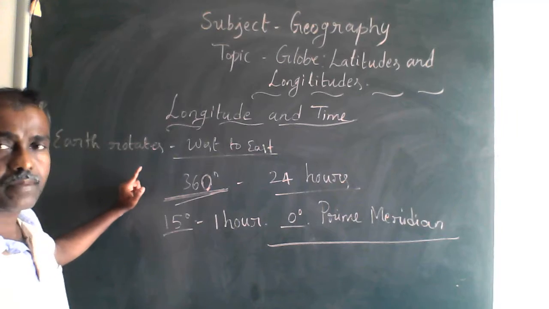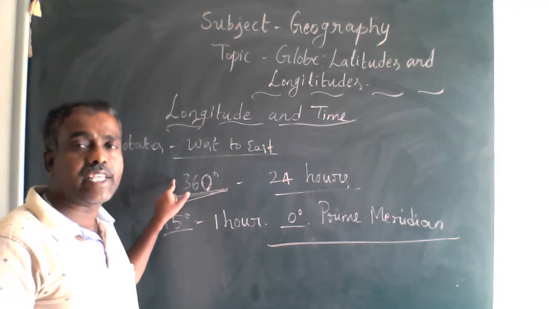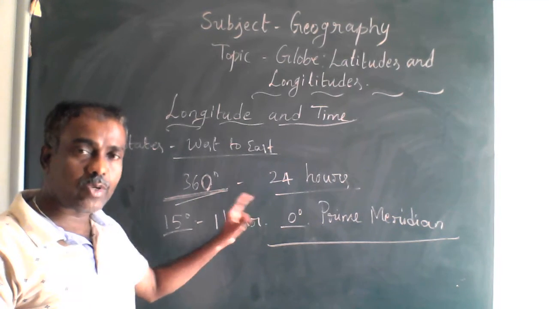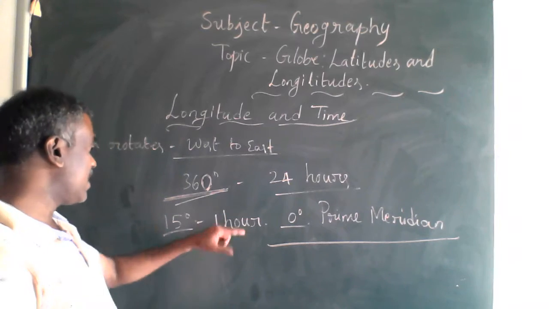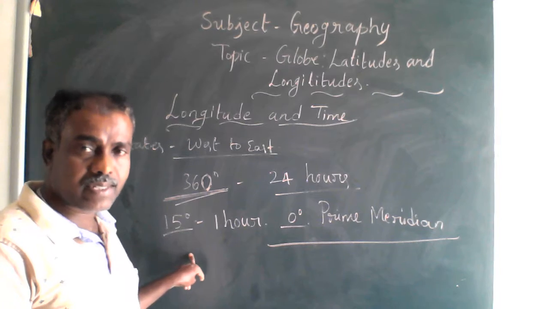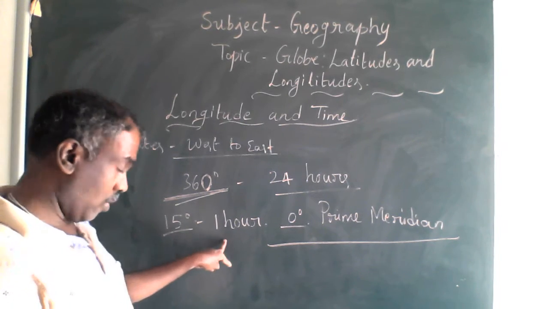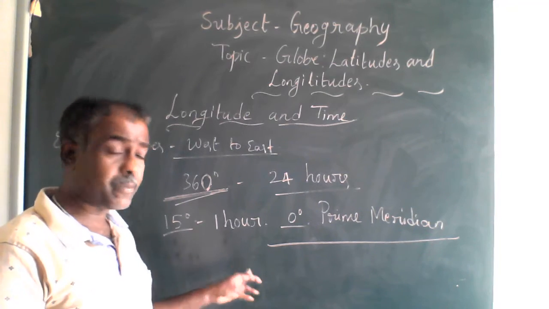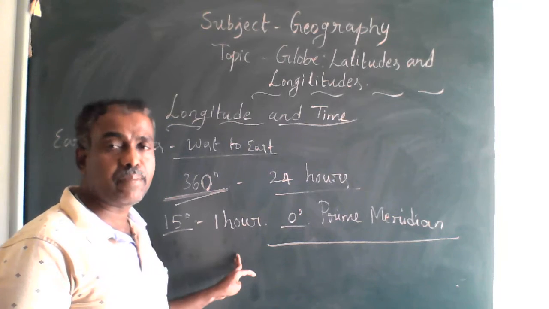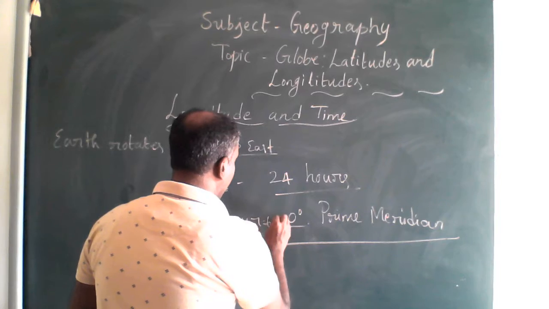So our earth rotates 360 degrees and takes about 24 hours to complete one round, and it is very clear that 1 hour means 15 degrees. To pass 15 degrees our earth takes 1 hour. All of you know that 1 hour means how many minutes? 60 minutes.